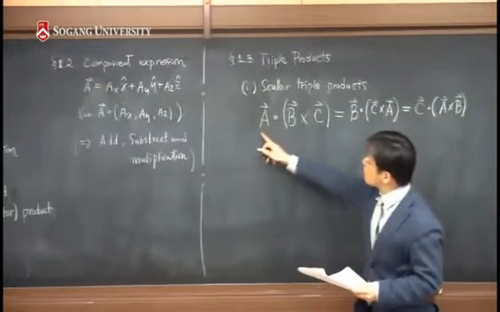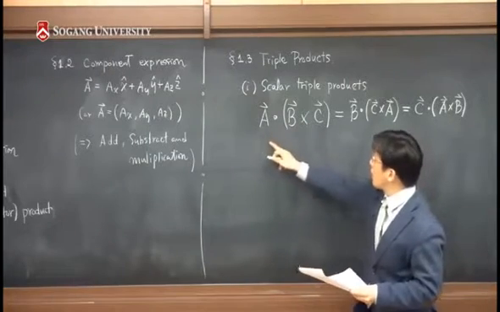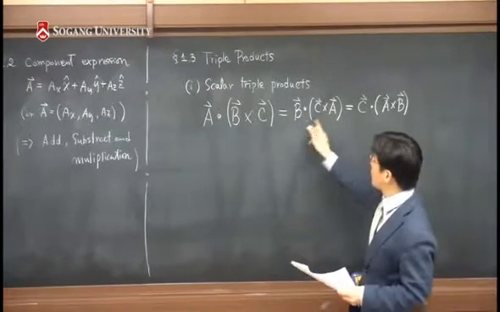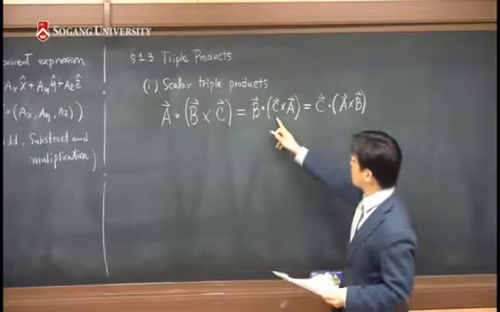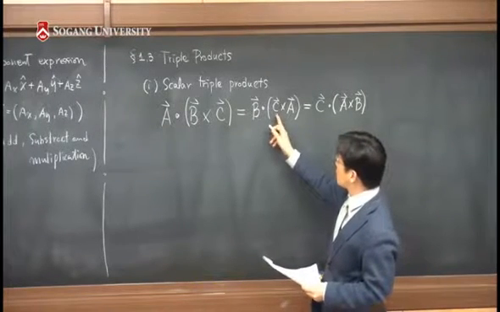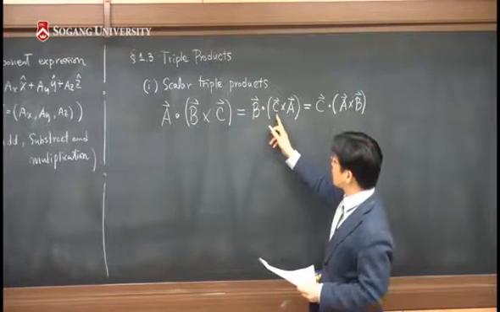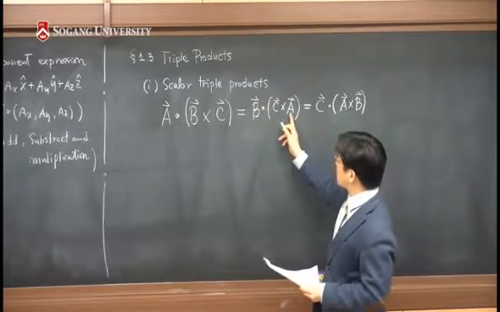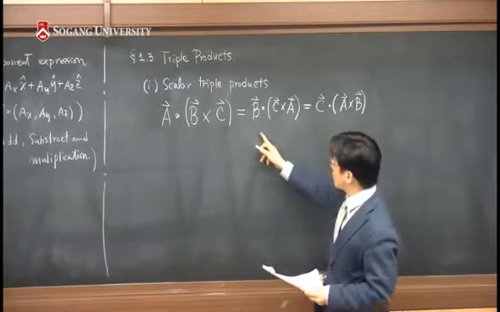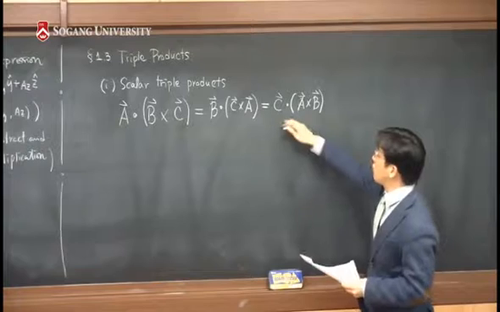And then B is shifted, and then C is shifted. A goes to the back, will be the second one. And then from here, if you permute A, B, C, putting C in the front, shifting A to the second, and putting B in the back, you have this one.